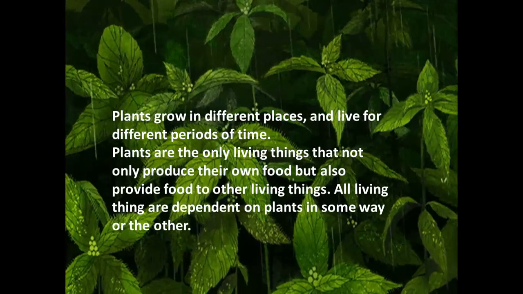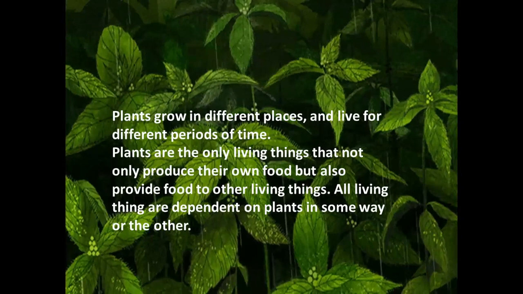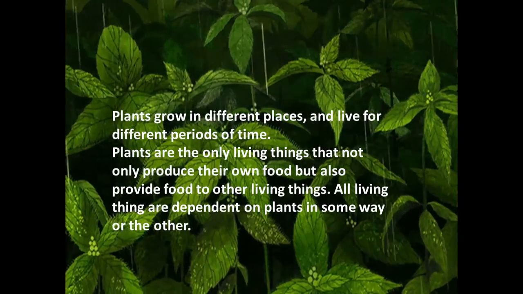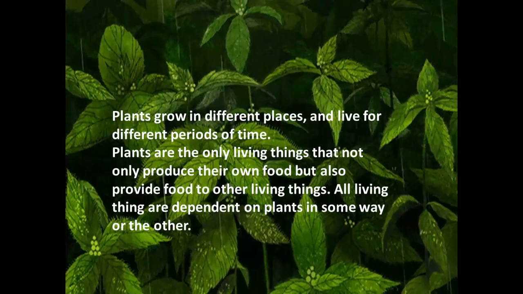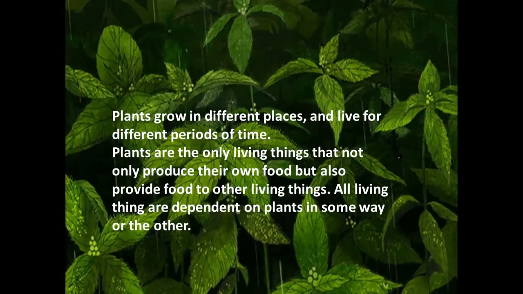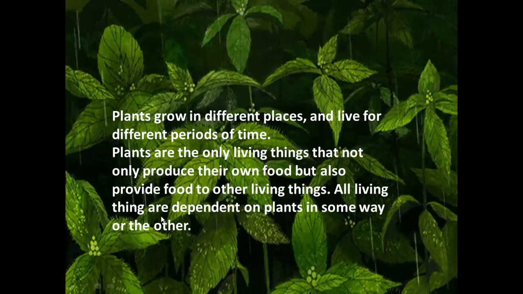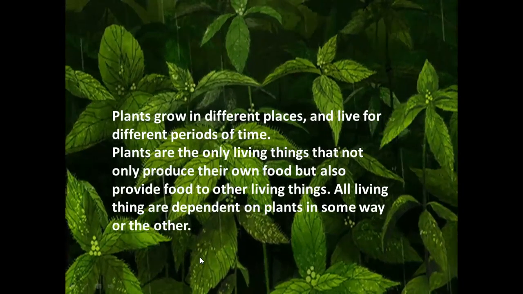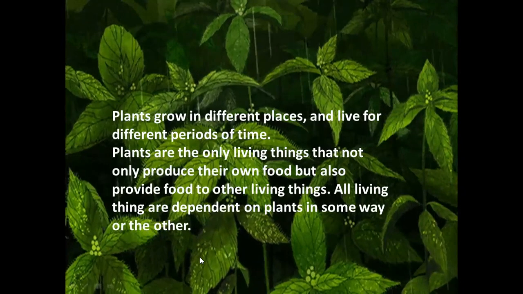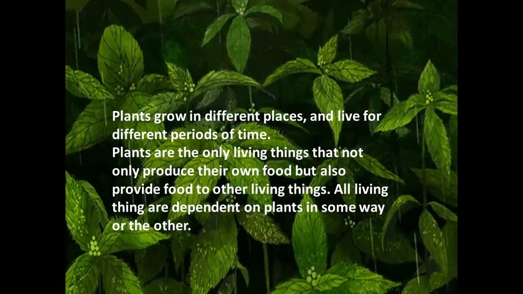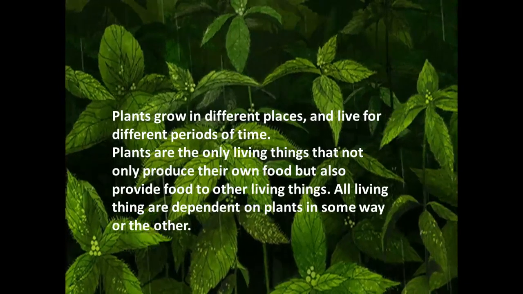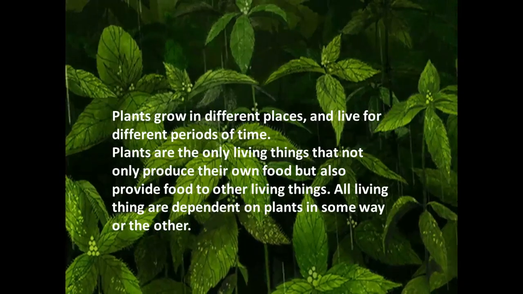Plants give us fresh air to breathe. They are just like the lungs of the earth. Understood? All living things, human beings, animals, insects, depend on plants in some way.